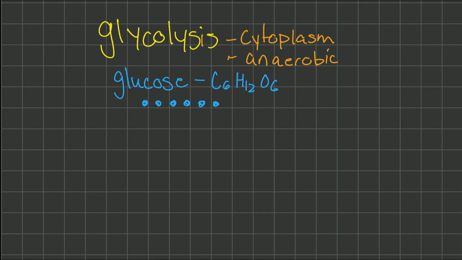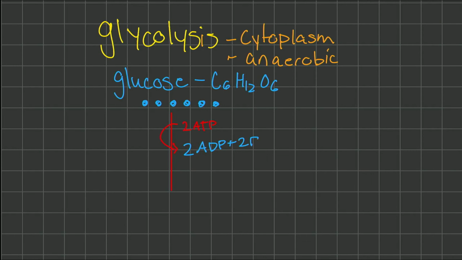And then from here, we can start our first stage of glycolysis. Our goal is going to be to oxidize glucose. So in order to oxidize glucose, we're going to have to make an investment. The first stage I like to call the investment phase. So the cell is going to invest 2 ATP in order to break it down and create 2 ADP plus 2 phosphate groups.